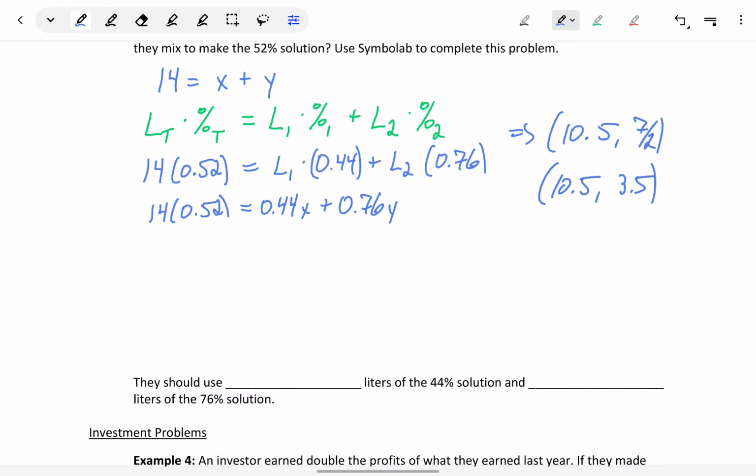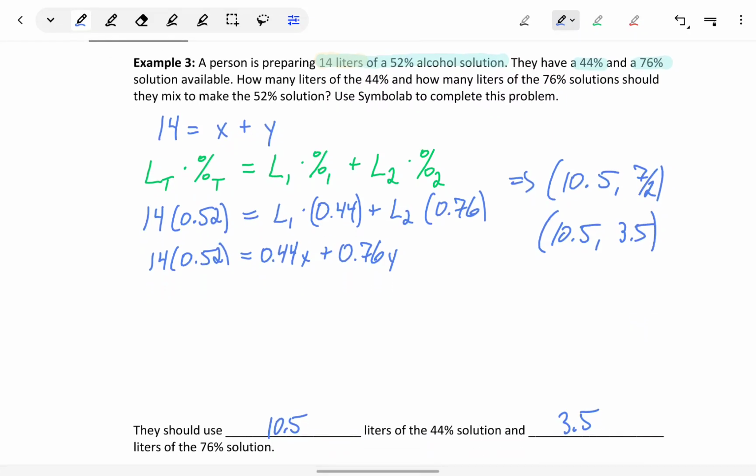So to interpret this information, what we're saying is they should use 10.5 liters of the 44% solution and 3.5 liters of the 76% solution. And that mixture will give them the 14 liters of the 52% solution that they're after.